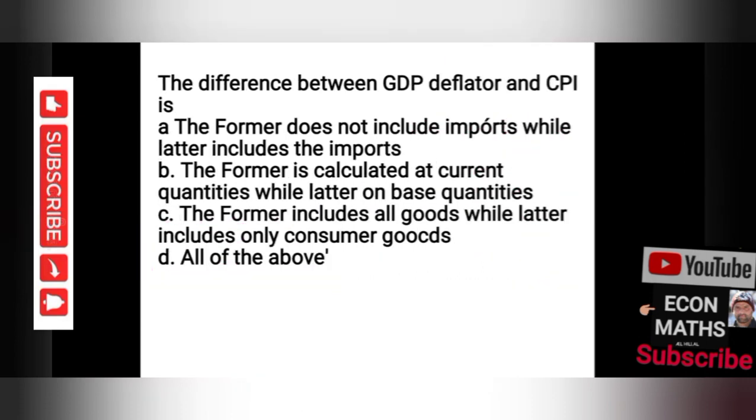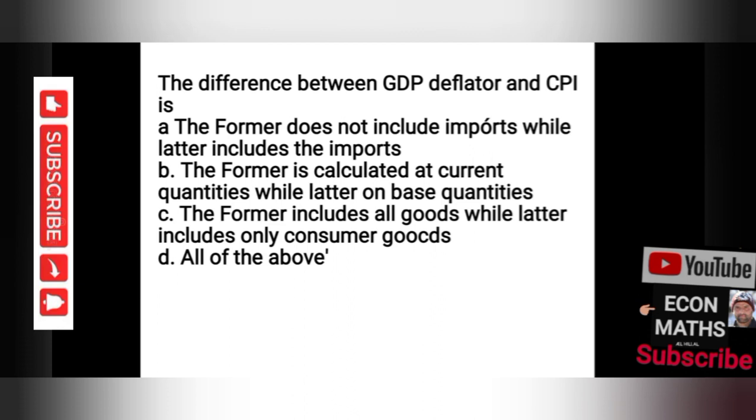Next question is, the difference between GDP deflator and CPI, that is consumer price index, is: the former does not include imports while the latter includes imports. Yes, GDP deflator doesn't include imports, but consumer price index will incorporate the price of imported goods.